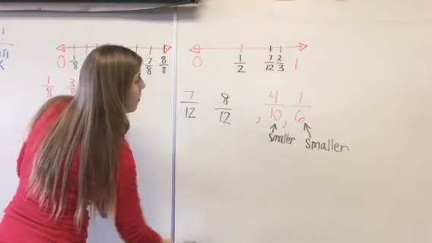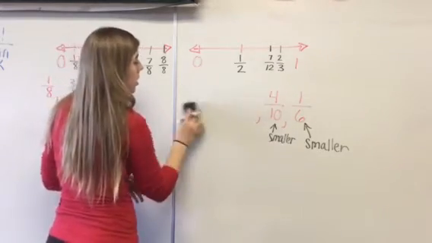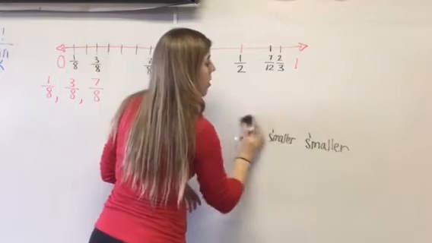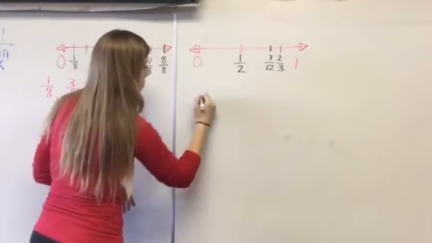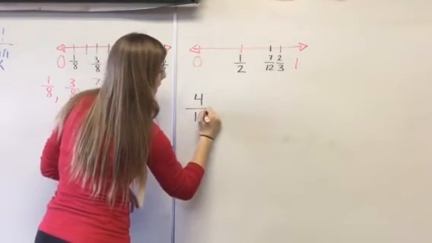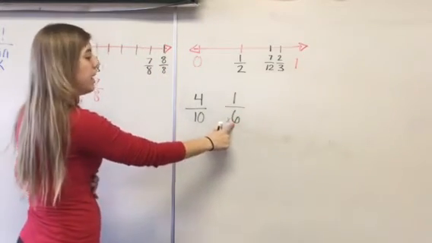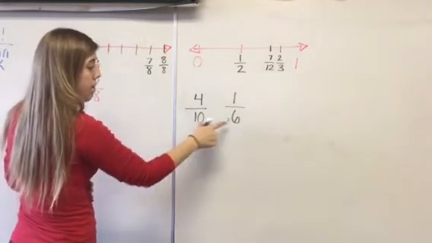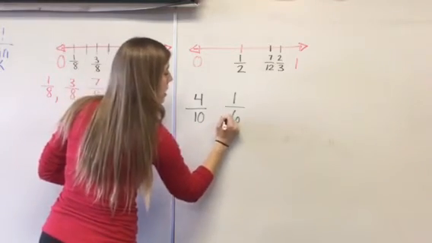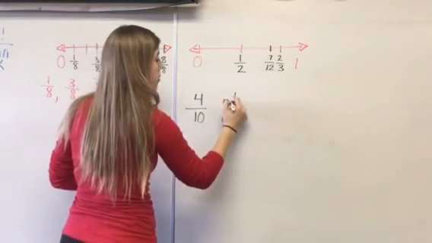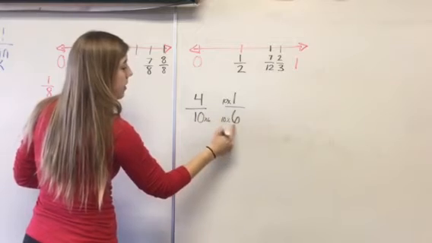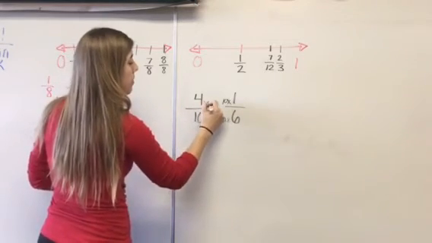Okay, next I'm going to compare 4/10 and 1/6. Now this is one of those situations where there's nothing that I can multiply times 6 to equal 10. So I multiply by my opposite denominator, 10 times 6, 10 times 1, and over here 10 times 6, opposite denominator, 4 times 6.